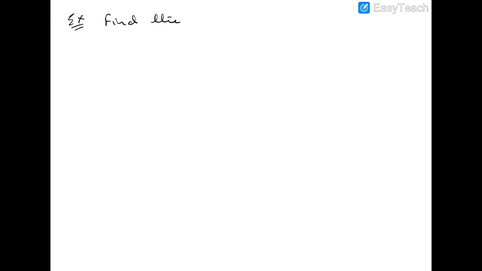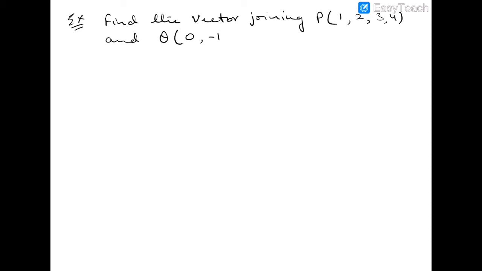So now let's find the vector joining 2 points P(1, 2, 3, 4) and Q(0, minus 1, 1, 3). So PQ will be OQ minus OP.